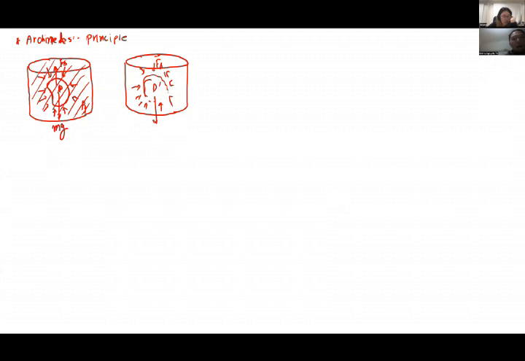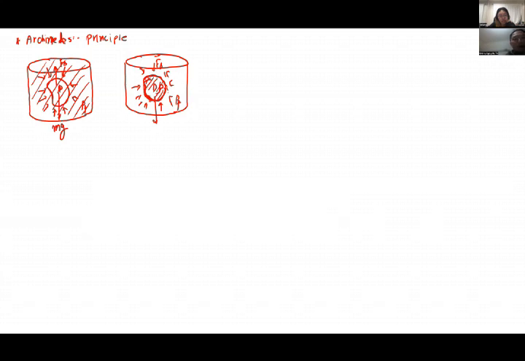But if you have an object with a different density than the fluid, then the net force exerted on this object is the same as the volume displaced by the body.